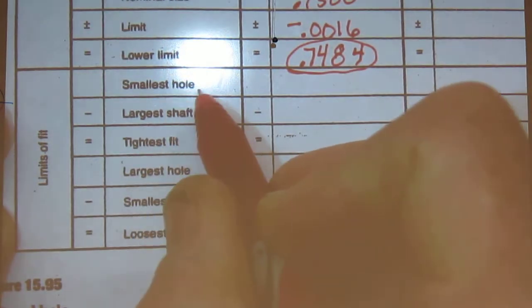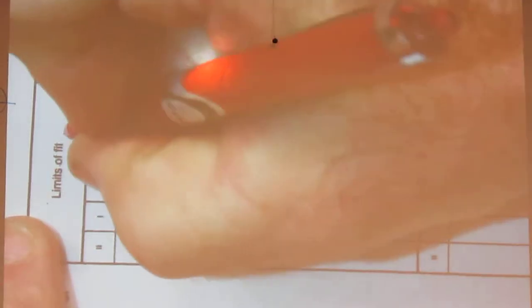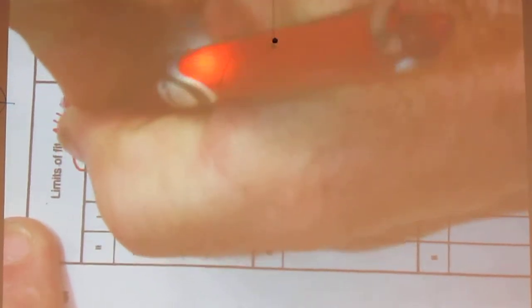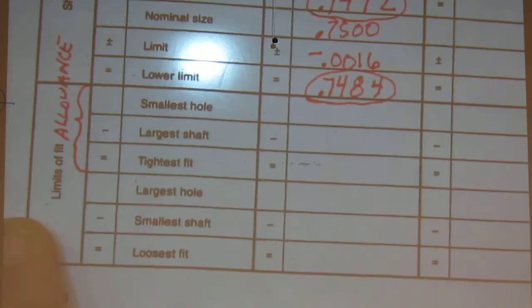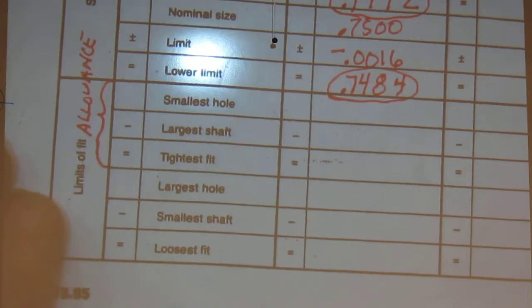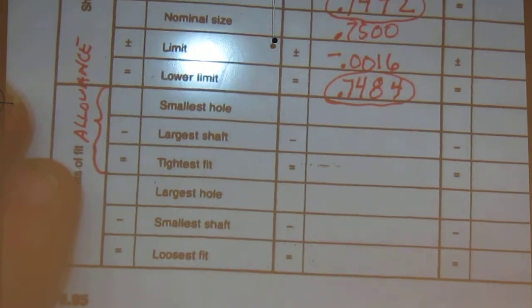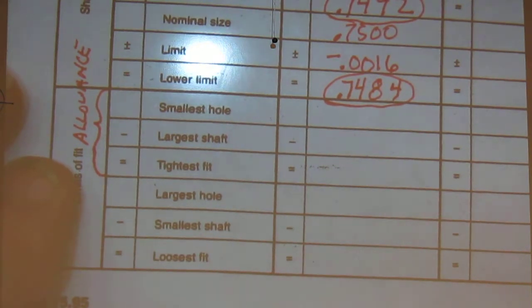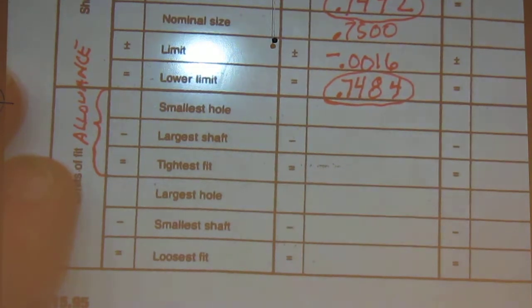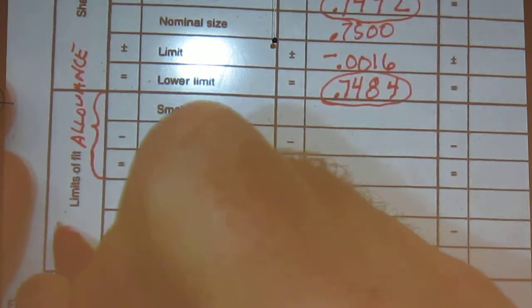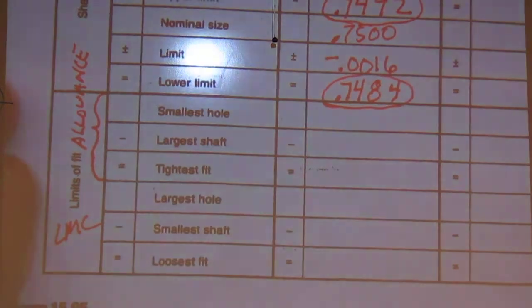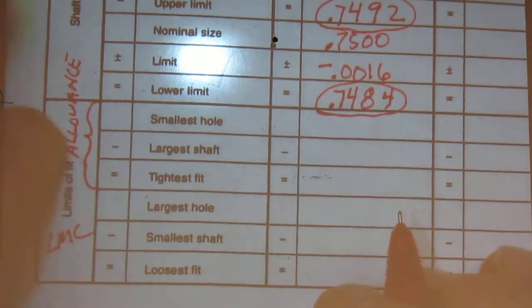So, smallest hole, these first ones right here, this is allowance. So those first three are allowance, or the difference between the two at maximum material condition. The last three are analyzing it at least material condition.